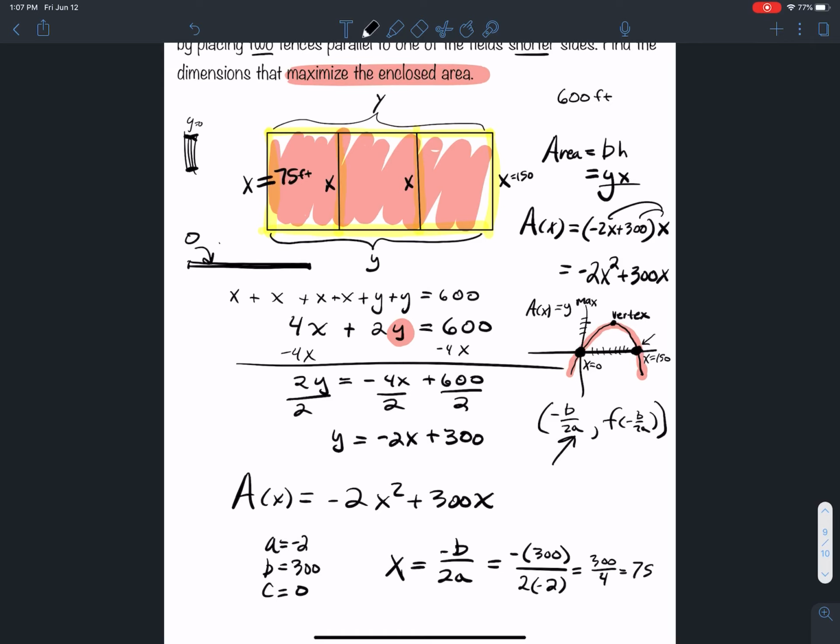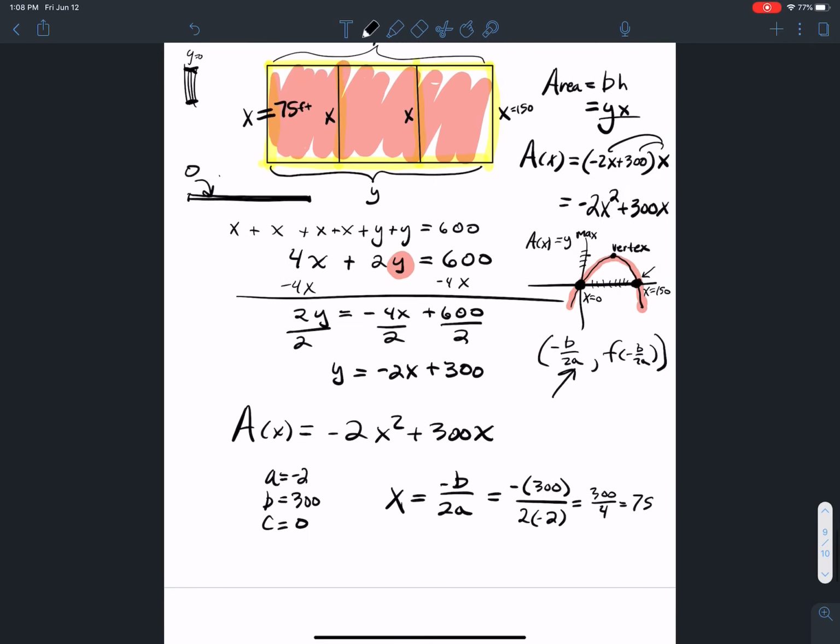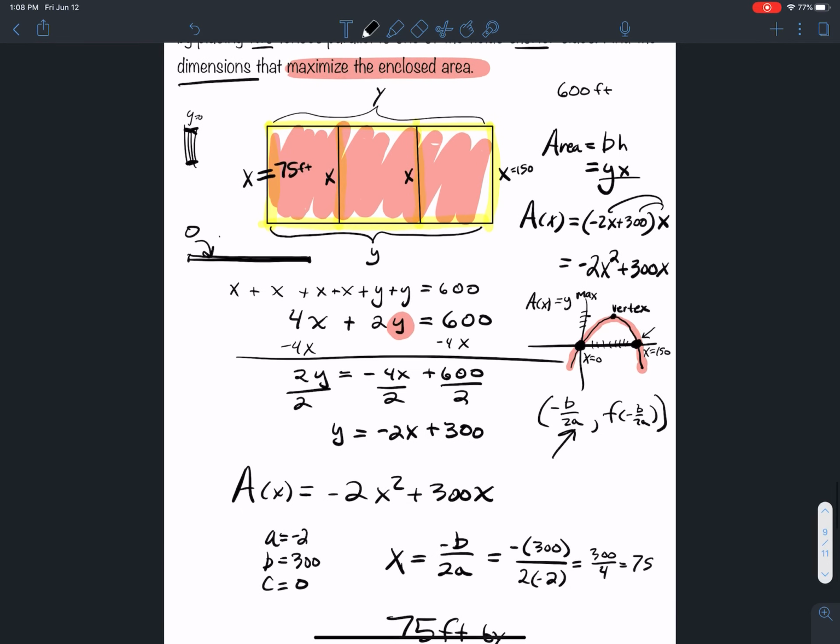So if I wanted to get the dimensions, what are the dimensions for Y? Well, Y equals this, so I'm going to replace X with 75.